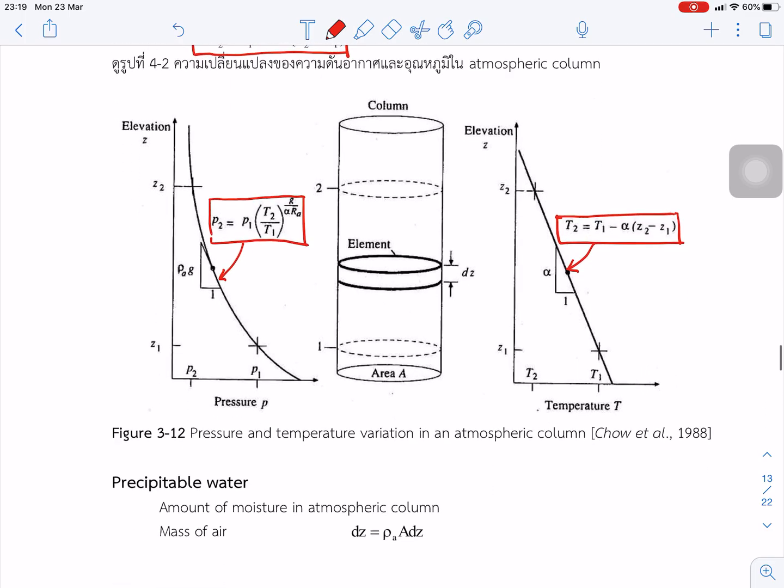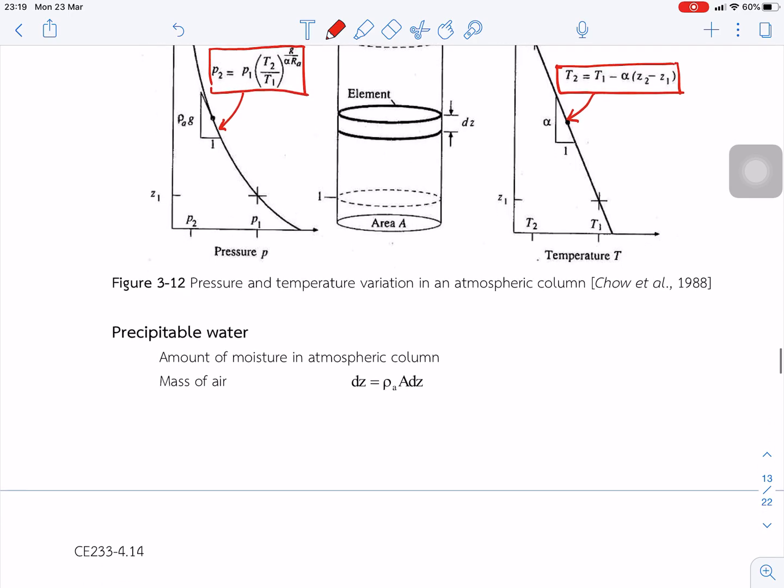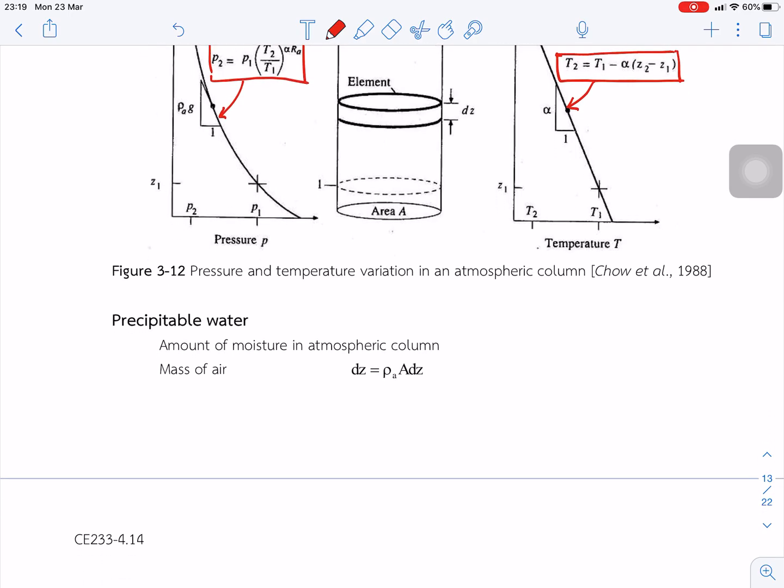Next we can estimate the precipitable water using this equation.